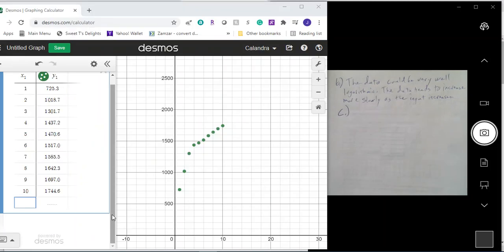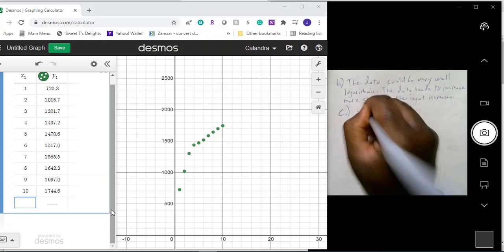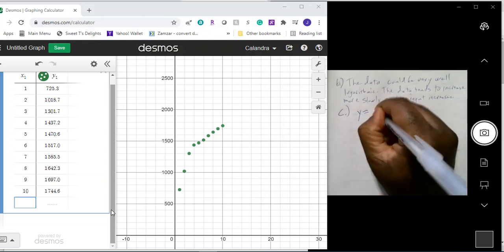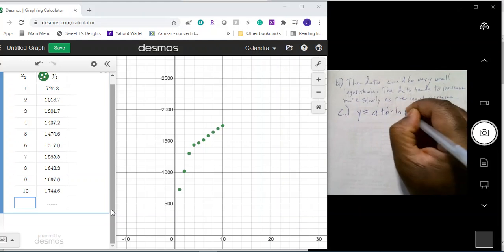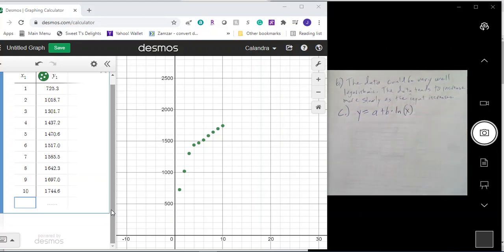Okay, now what we need first in order to solve this, we need to know what the natural log equation is. The general natural log regression equation is y is equal to a plus b times the natural log of x.